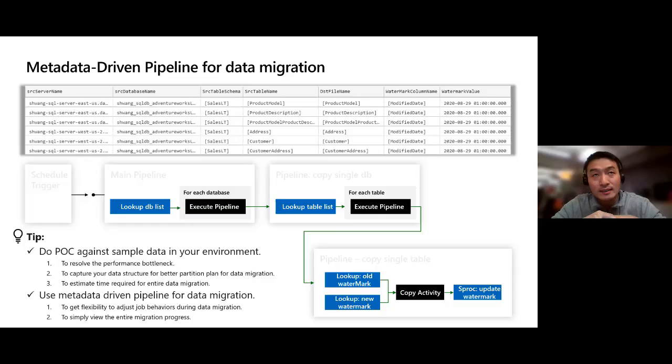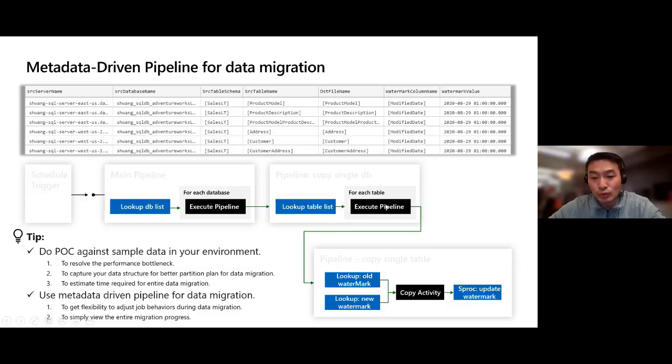And then after getting all the parameter values, it's going to distribute the real values to the downstream activities. Like in this example, the main pipeline may look up the DB list here and execute another pipeline for each of the databases. And the downstream pipeline, for each database, is going to look up the table list and then execute the third pipeline.